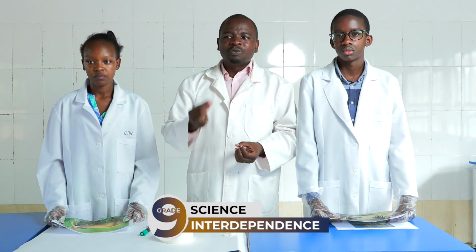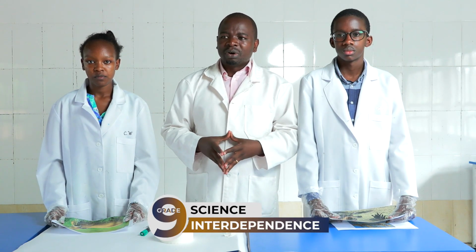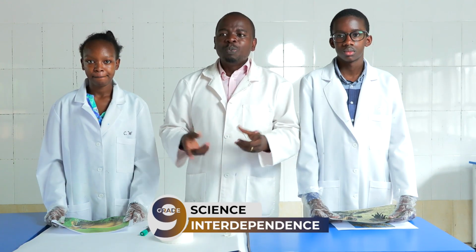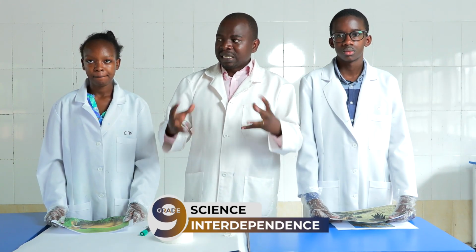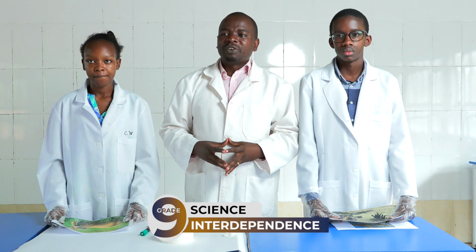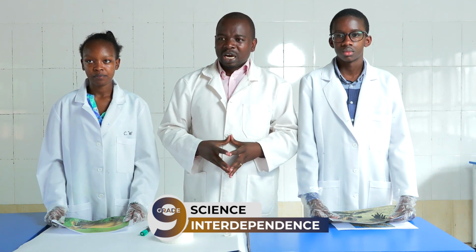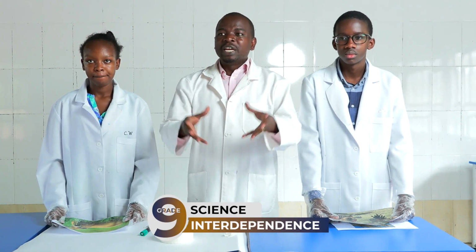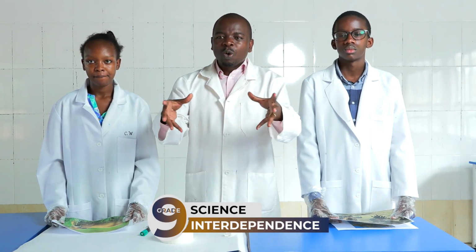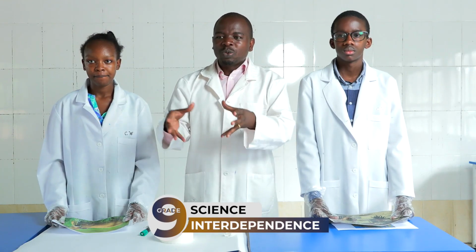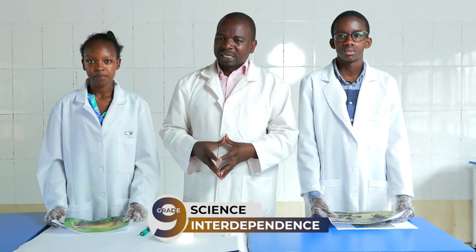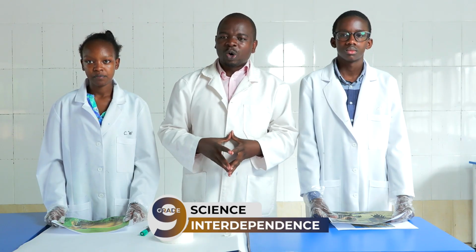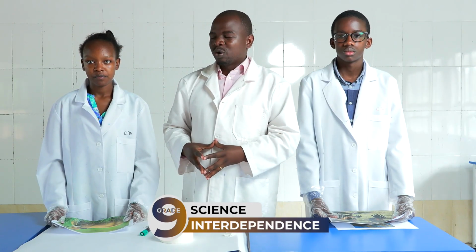Intraspecific, where we have one kind of organism competing amongst itself. For example, we have maize plants growing in a field. All the maize plants require the water and the nutrients from the soil. So they compete for the nutrients and water from the soil, which are the resources. This type of competition is called intraspecific competition.